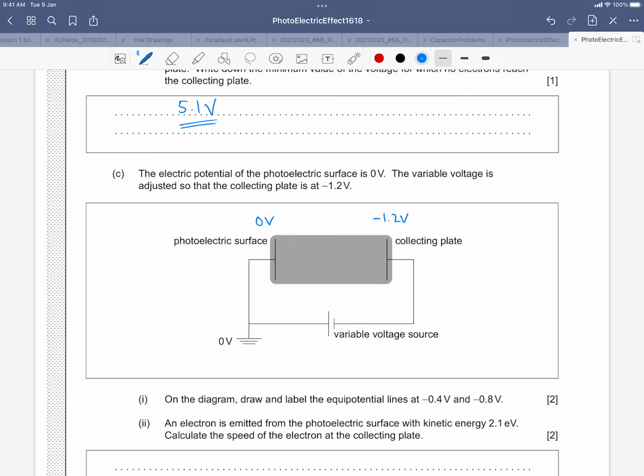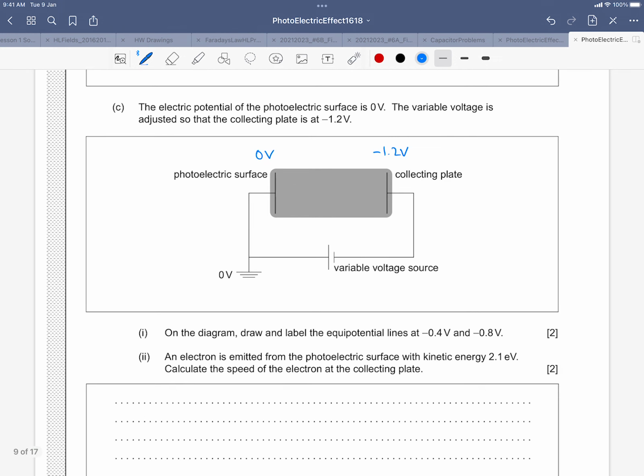And then we have a fun little problem where we have to draw equipotential lines, a topic 10 idea mixed into this topic 12 problem. So that's relatively easy though. We have two charged metal plates. Equipotential lines are lines parallel to the plates and sort of equally spaced out. So we're increasing from 0 to 1.2 volts across a certain distance. 0.4, 0.8 is going to be 1/3 and 2/3 of the way.